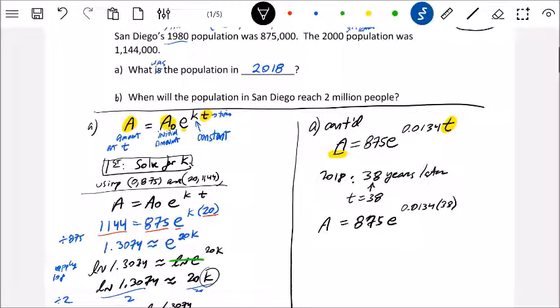So you're going to do 875 times e raised to the power, put that into parentheses, extra parentheses to keep it only as the power of e.